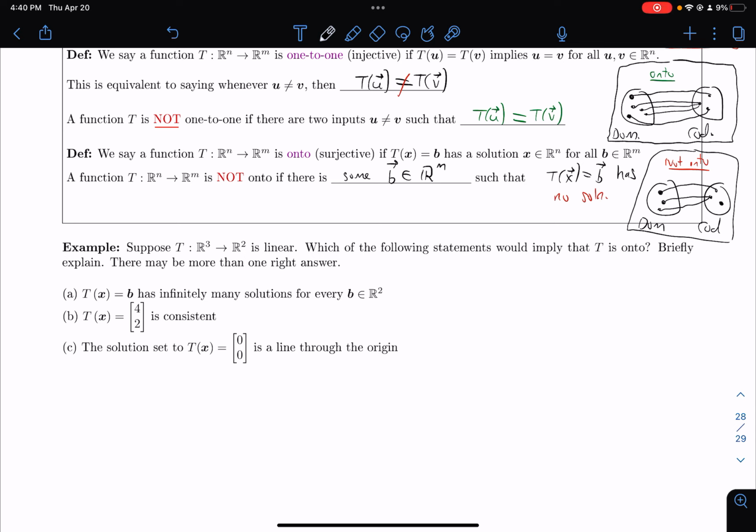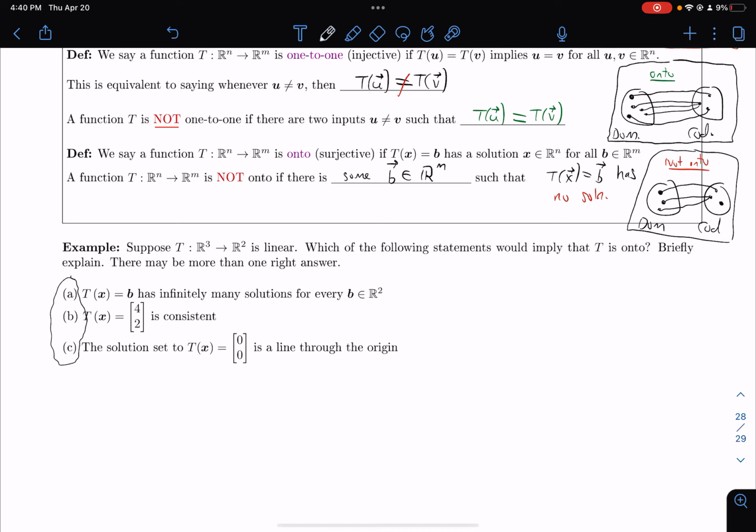So this problem says, suppose T with domain R3, so that means I'm inputting vectors with 3 entries, and codomain R2, so the output vectors have 2 entries, is linear. Which of the following statements would imply that T is onto? Briefly explain, and there may be more than one right answer. So there are these 3 parts.